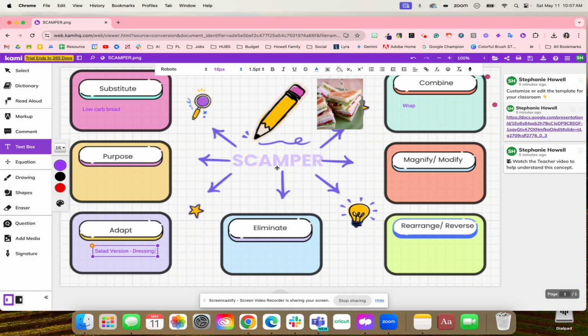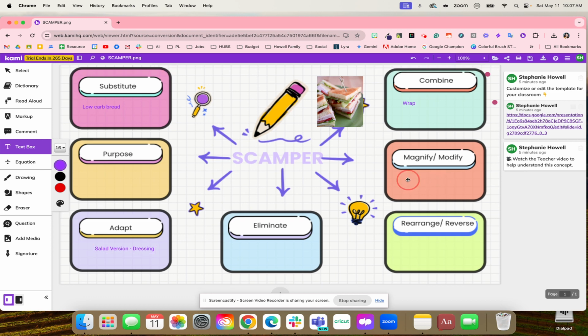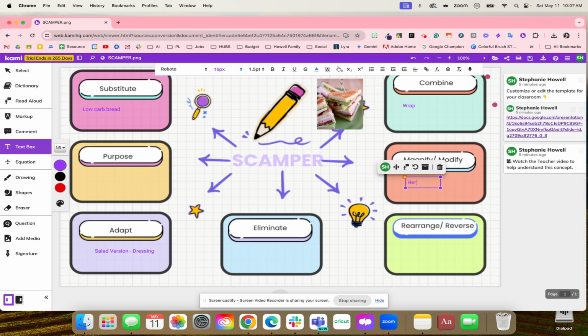Now we've got our M, which is magnify or modify. If I am modifying, I might think, can I use some different herbs and spices to create a unique flavor? And maybe I use a mayo, or some other type of sauce.